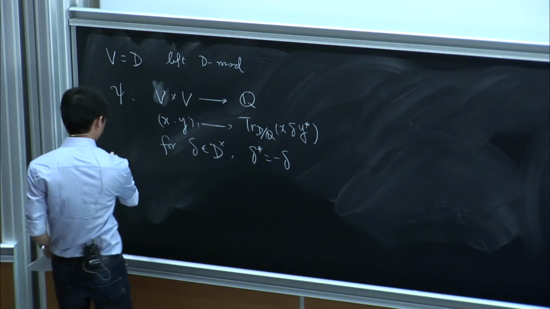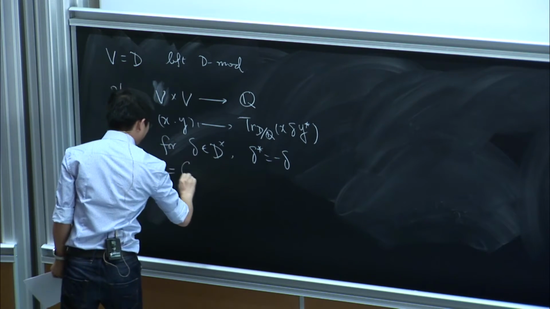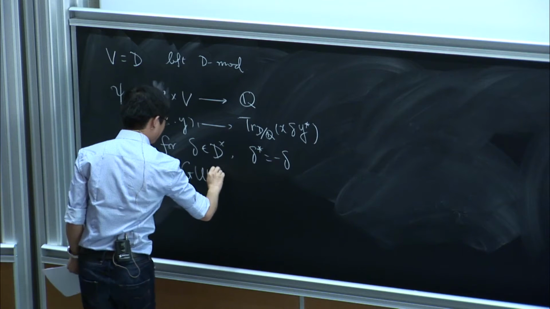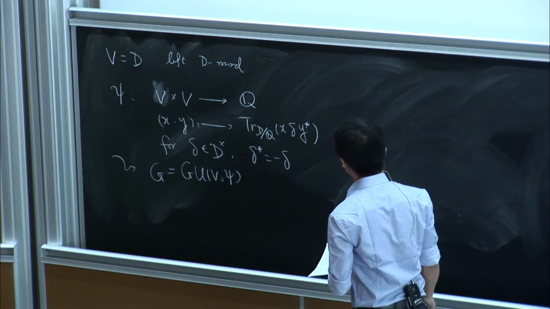So this defines an algebraic group G over Q. So this is a unitary similitude group associated to this Hermitian space.